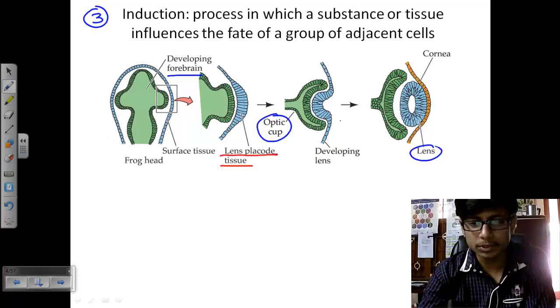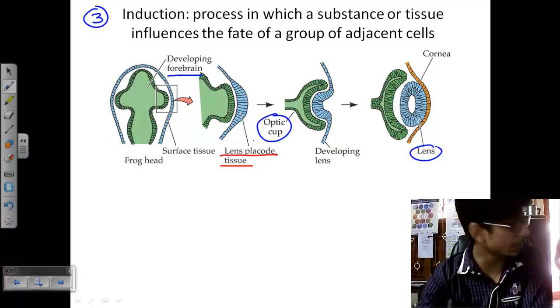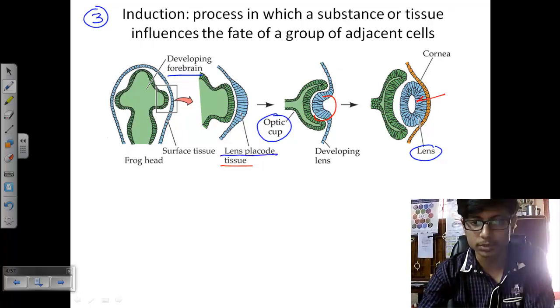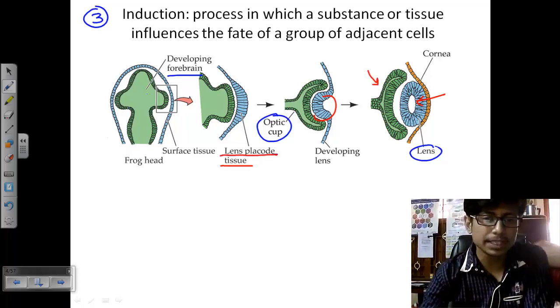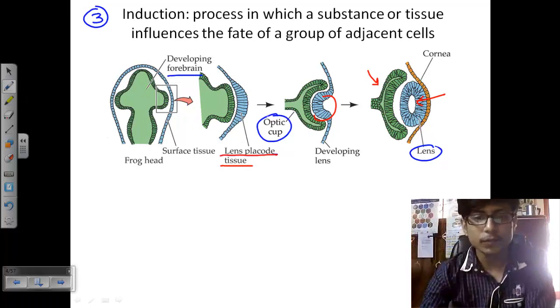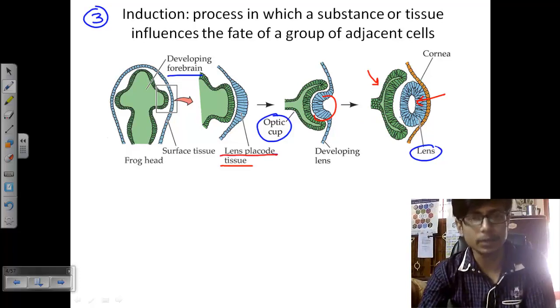And then finally those tissues will start to form what we call a round structure. They will fuse with each other to form a round structure like that, which we call a lens, right? So see, the optic cup that is formed, which is an extension of the forebrain of the frog head, helps to form this lens, and then after that the cornea will also form.